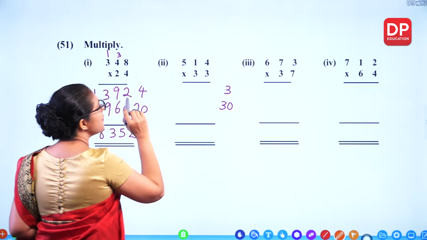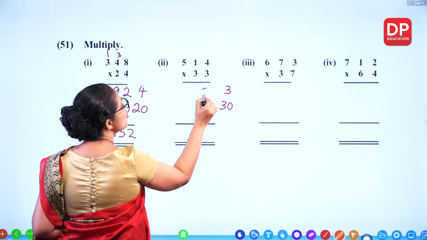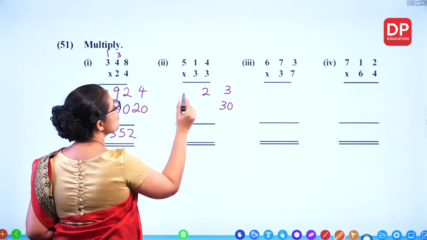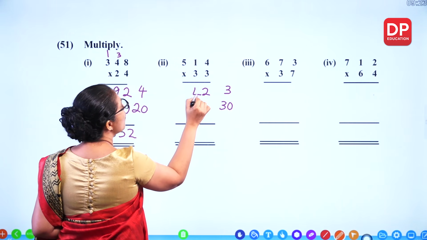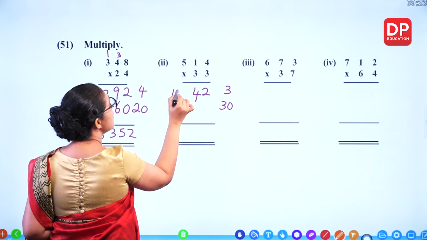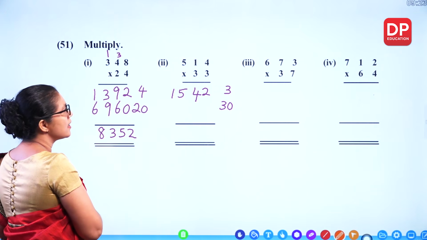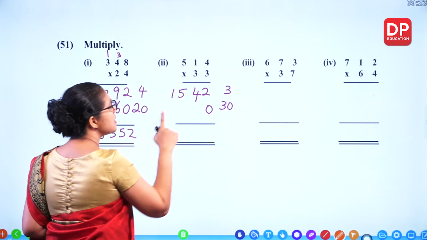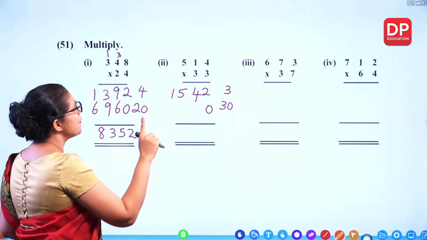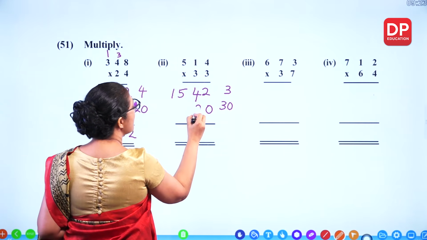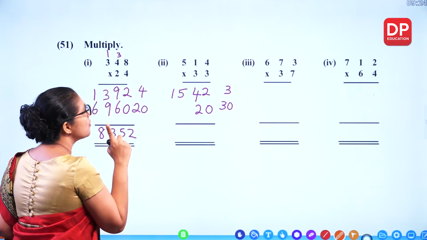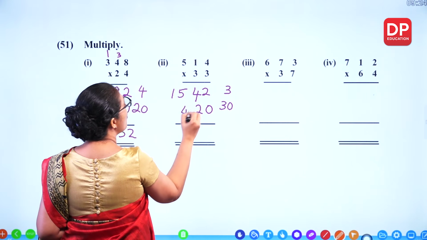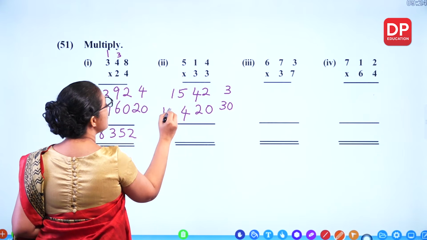How do you multiply by 3? 3 times 4, 12. 1 remaining. 3 times 1, 3 plus 1, 4. 3 times 5, 15. Now multiply by 30. Put a 0 and multiply by 3. 3 times 4, 12. 1 remaining. 3 times 1, 3 plus 1, 4. 3 times 5, 15.